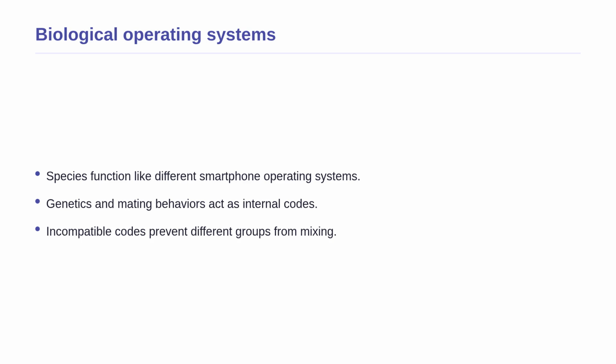To start our journey, let us think about something we use every day. Imagine two different smartphone operating systems, like iOS and Android. They both do similar things, but you cannot run an iOS application on an Android phone because their internal codes simply do not understand each other. In the natural world, animals and plants have their own biological operating systems.